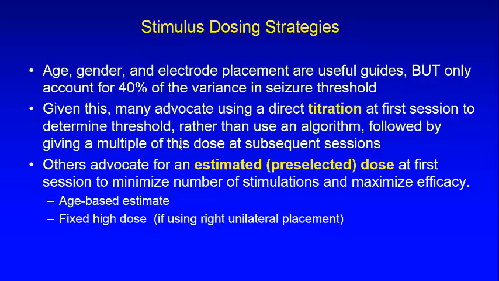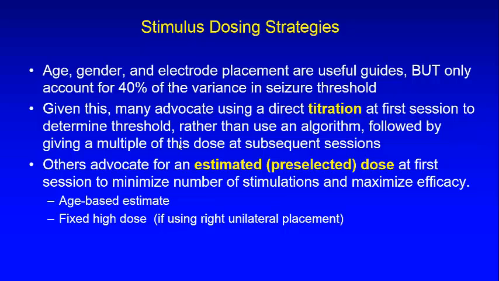And the two main ways you could use a pre-selected dose is to do an estimate based on age, maybe being modified a bit up or down based on sex of the individual, as well as knowing what medications they're taking that session. So you could go a little higher or lower based on those factors. Or you could just pick, especially for right unilateral, a fixed high dose.